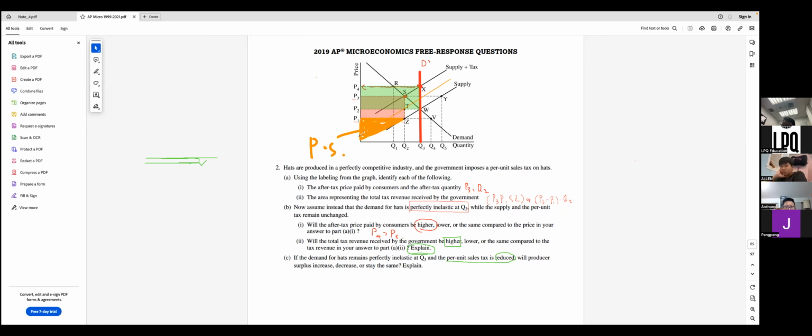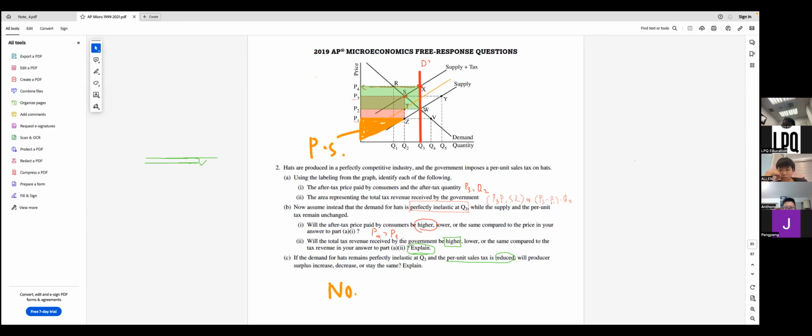So can you guys see, does how big this part is have any relationship with how much I shift my supply curve? Yes or no? Should be no, right? The area of your producer surplus has no relationship with how much you shift your supply curve to the left.